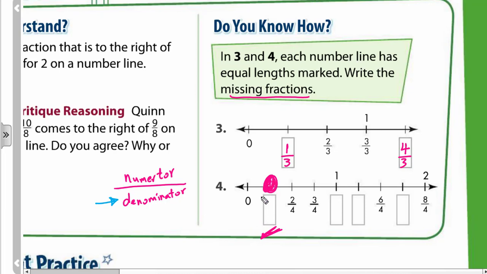The first one is after 0, so after the 0, the first one is 1/4. Now we have 2/4 and 3/4. The next will be... Again, Sahmi, the first one is 1/4. The second, 2/4. Then 3/4.